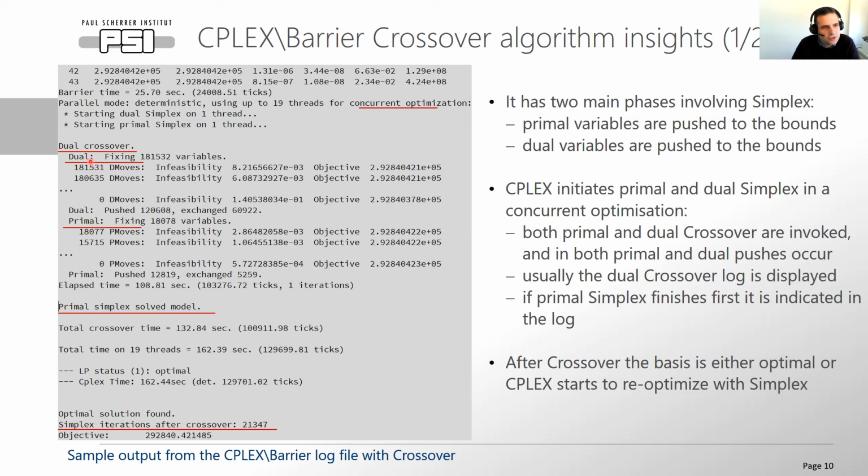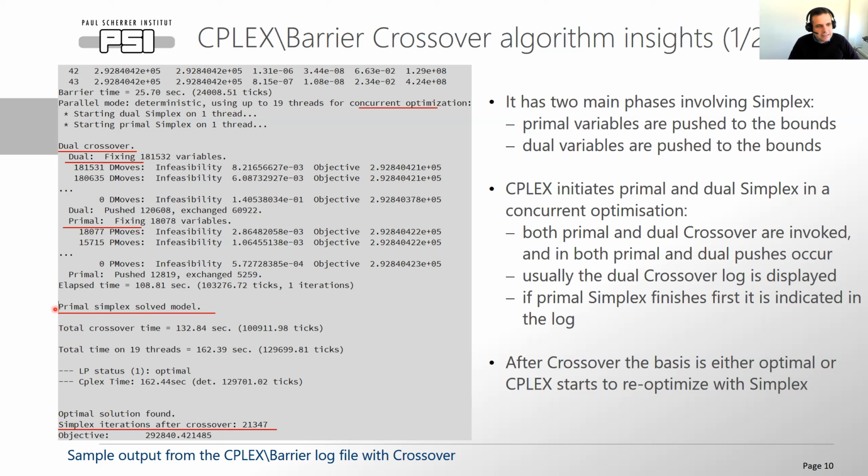When we see dual D moves, it means that the dual variables are pushed to their bounds, and when we see primal P moves, it means that the primal variables are pushed to the bound, so that the solution becomes a basic solution. Usually when both primal and dual crossover are initiated, the log that we get is for the dual crossover. That's why you see dual here. But if it happens that the primal solves the model first, then this is reported in the log file.